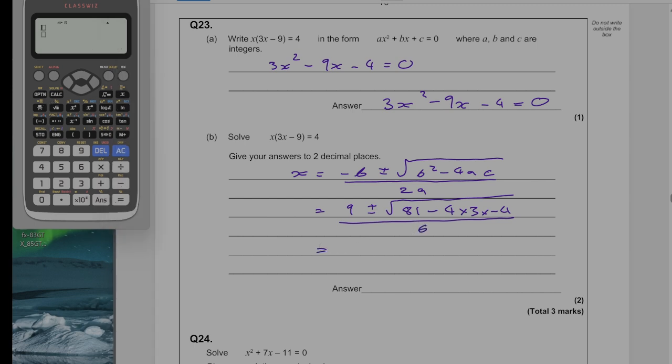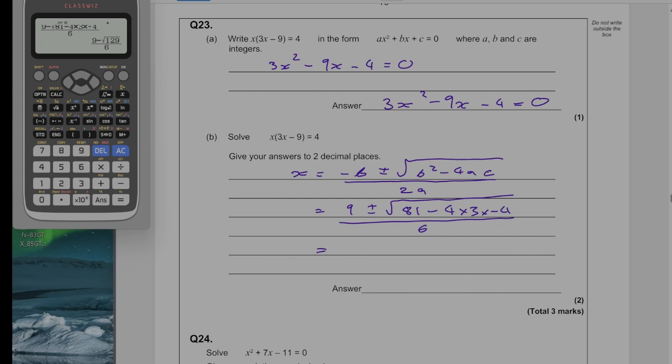Right, and I'm going to type it in just like that. So 9, I'm going to go the negative one first of all, the square root of 81 minus 4 times 3 times minus 4, all divided by 6.